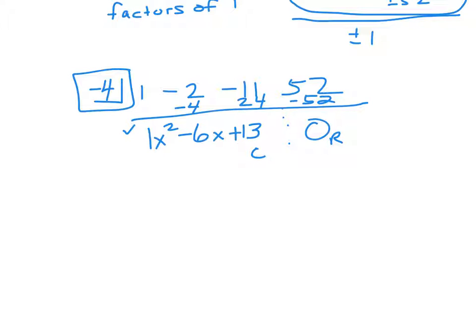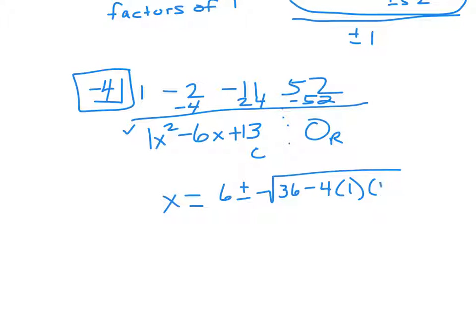So what we had to do was use the quadratic formula. So here you go. Negative b would be -6, or 6, plus or minus the square root of b squared, which is negative 6 squared, or 36, minus 4 times a, which is 1, and c is 13, all over 2a, which is 2.